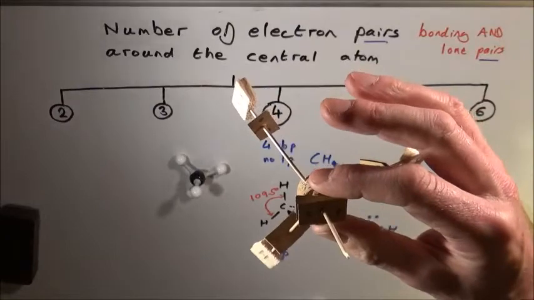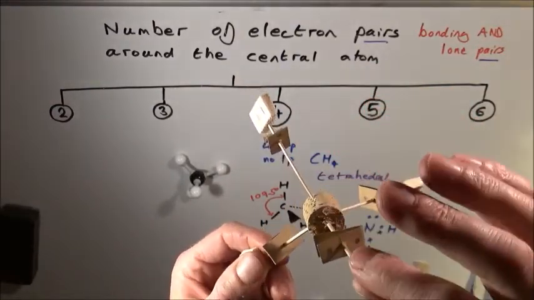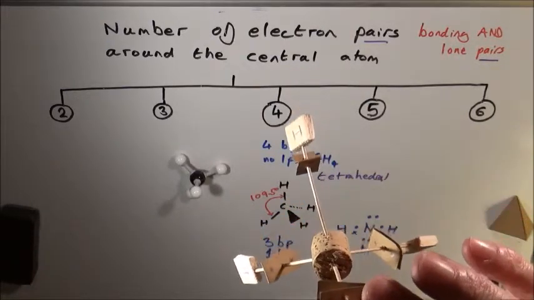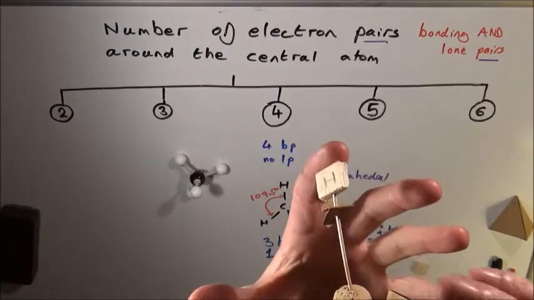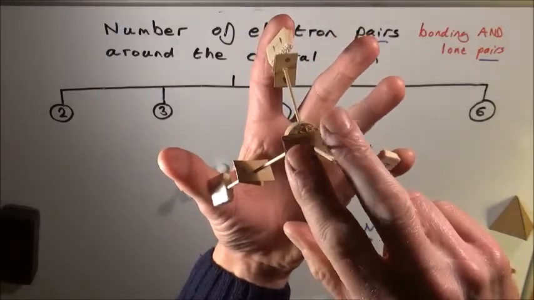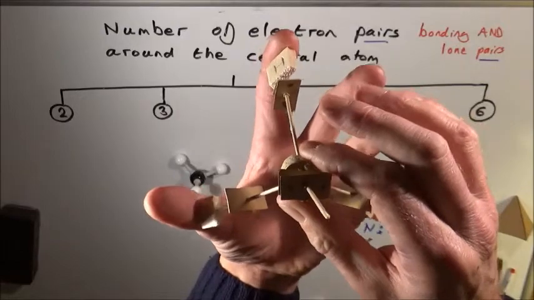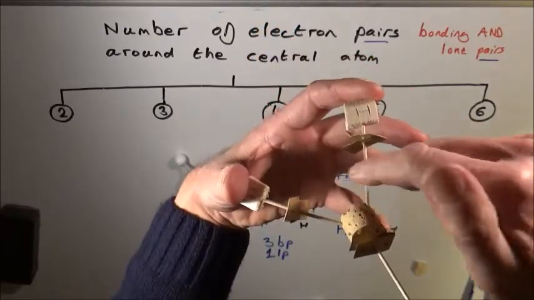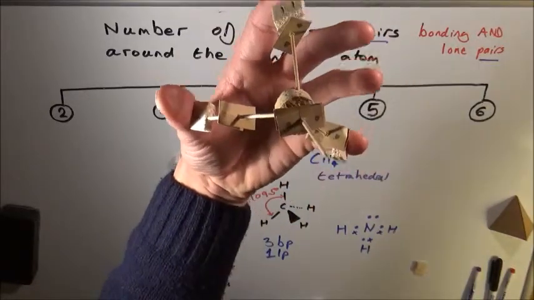Now, when that was a model of methane, this pair of electrons was halfway between the carbon and the hydrogen, approximately. But if we've taken away the hydrogen, then this pair of electrons is now much closer to the nitrogen. So as they move down, they're repelling these electron pairs. So these all move down to get away from the lone pair of electrons. So this bond angle decreases and it goes down to 107 degrees.